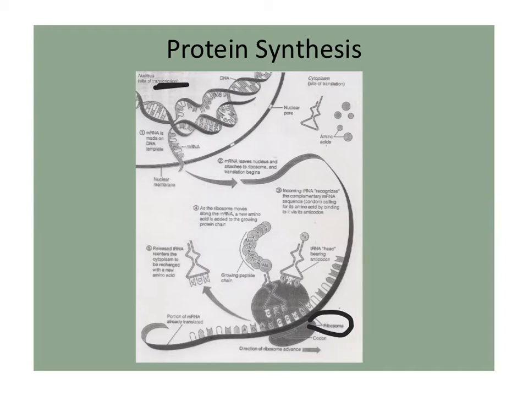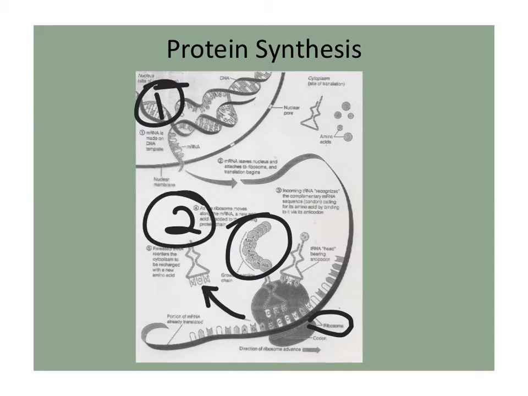Then this codon of the messenger RNA interacts with the anticodon of the transfer RNA, which comes along, attaches, and moves away, and then you have a growing chain of amino acids which forms your protein, which is your final product. Again, transcription here, translation out here.